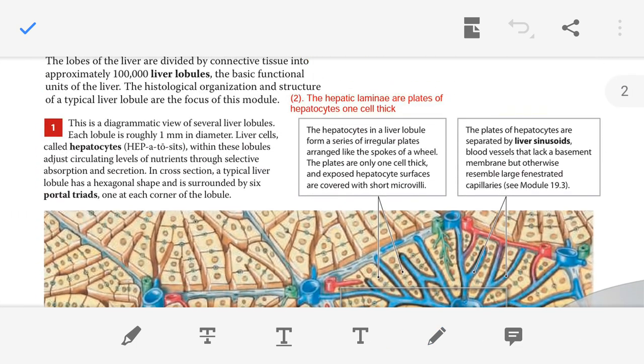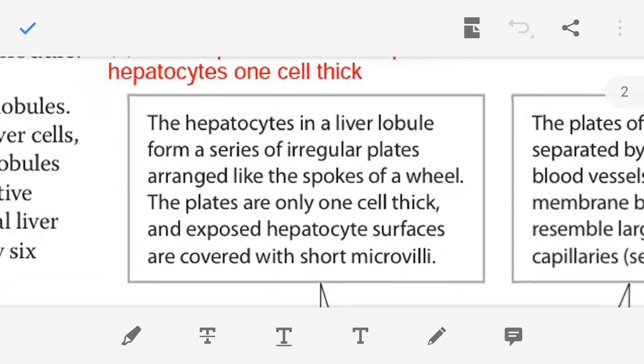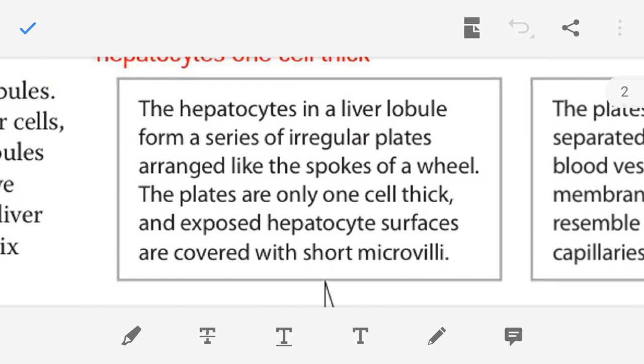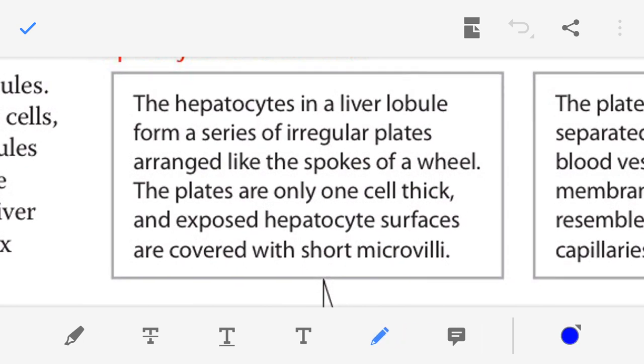Now here in this rectangle box, this information is also important. I'm reading this: the hepatocytes in the liver lobule form a series of irregular plates arranged like the spokes of a wheel.